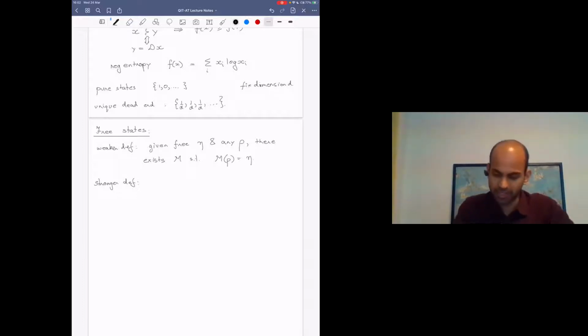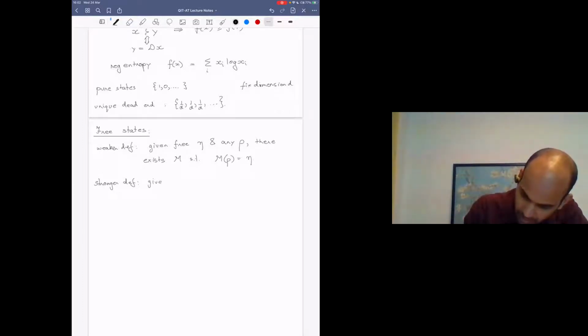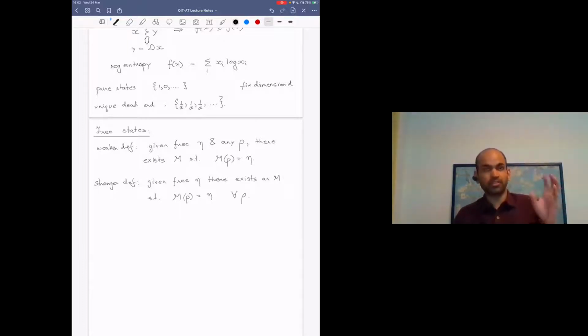But the stronger definition of a free state is that given free eta, there exists an M such that M rho is equal to eta for all rho. So this is a stronger condition. This says that no matter what your initial state is, there is some transformation that will just take you to this free state. It's independent of your initial state. It will get you to the free state of the resource theory.